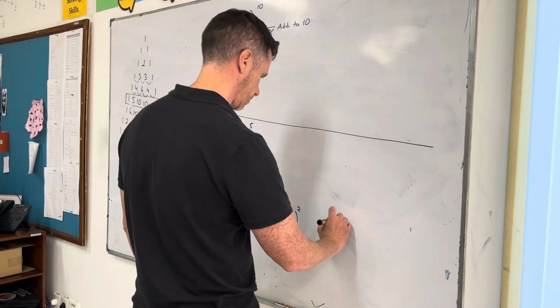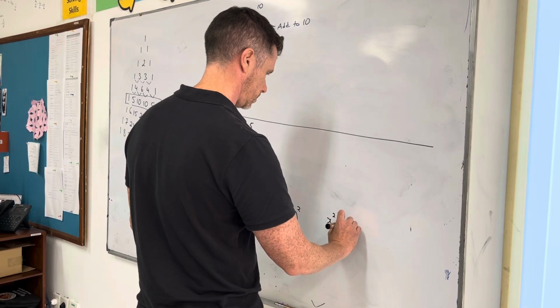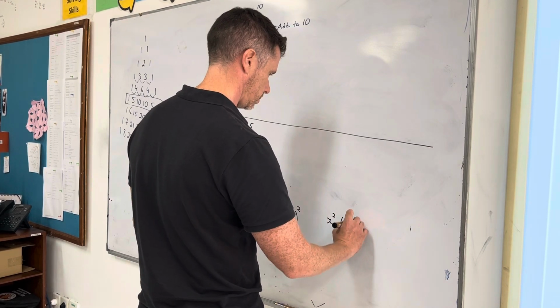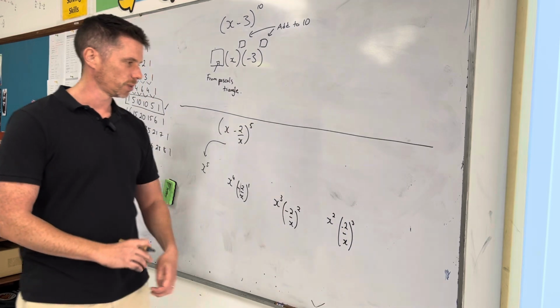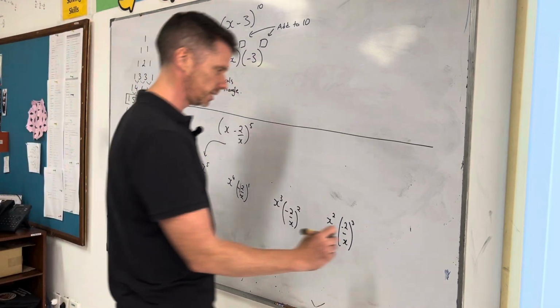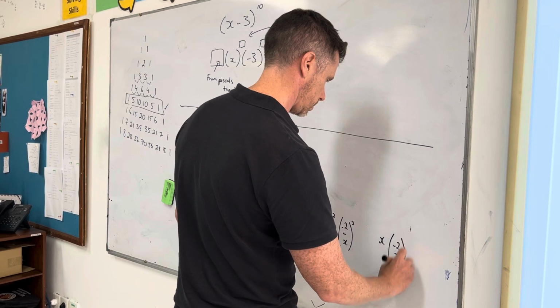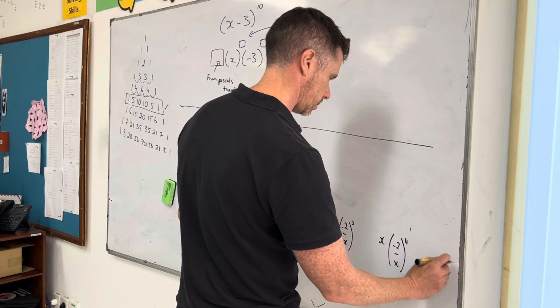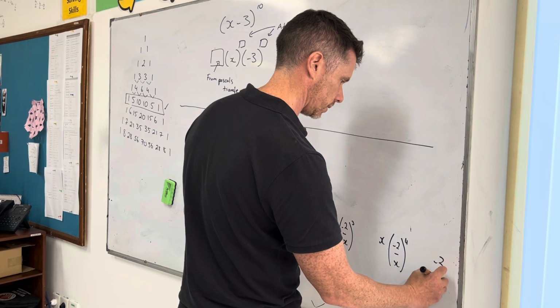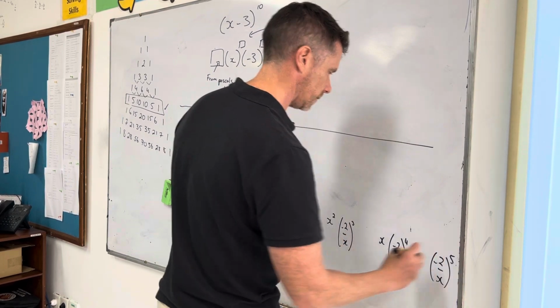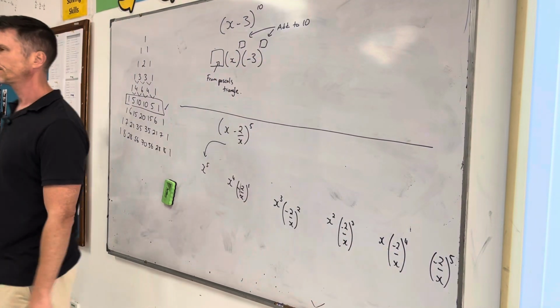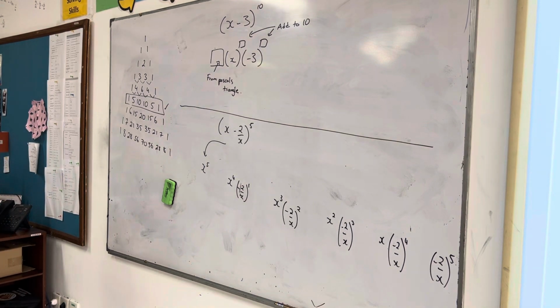This term, x to the power of 2. So this one's increasing in powers. I'm going to run out of space again. And the last term is -2 over x to the power of 5. Now I left a lot of gaps here. That's your starting point. Can you do the rest?